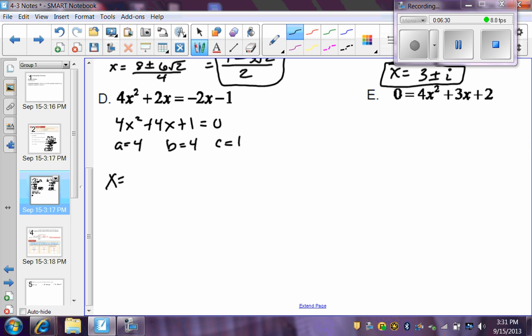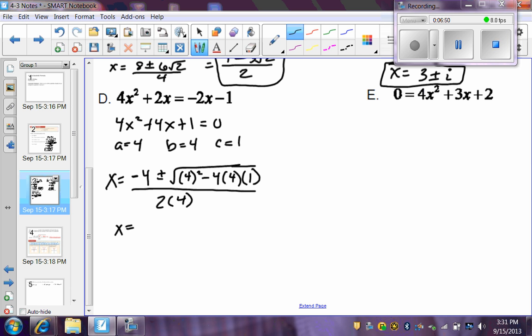That tells me that a is 4, b is 4, and c is 1. So x equals negative b, so that's negative 4, plus or minus the square root of b squared minus 4 times a times c, all over 2 times a. So that gives me x equals negative 4 plus or minus the square root. 4 squared is 16.